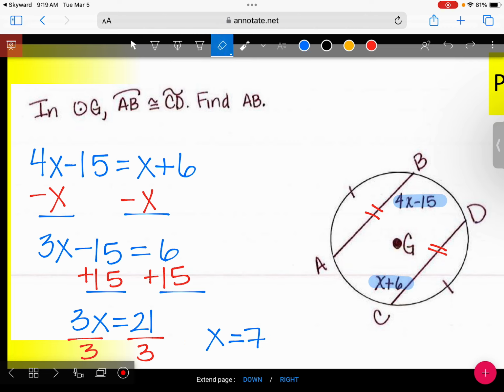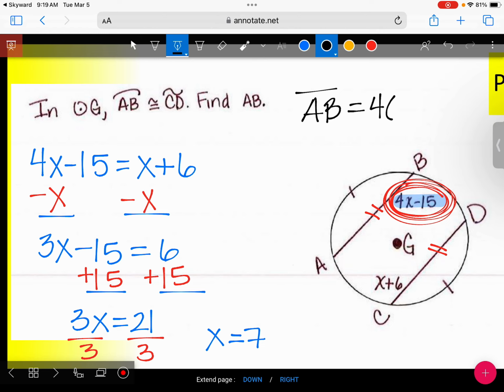It wants us to find AB, which means that we have to substitute that 7 back in here. So to find segment AB is 4x minus 15, which in this case is 4 times 7 minus 15.